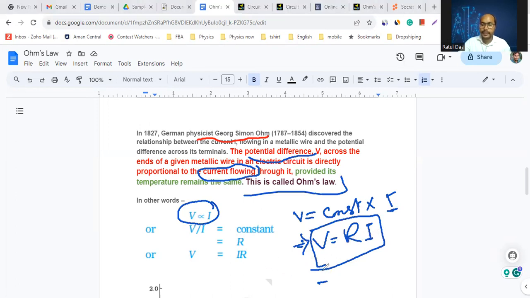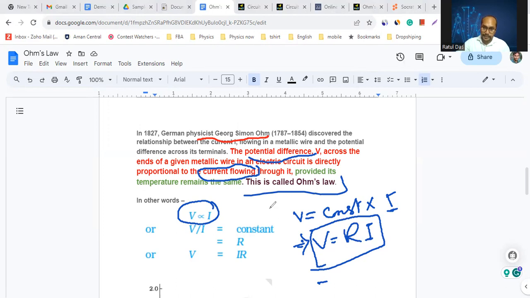And R is called the resistance of the circuit. R is the constant of the circuit, and it is the resistance of the circuit, and it is the outcome of Ohm's law.